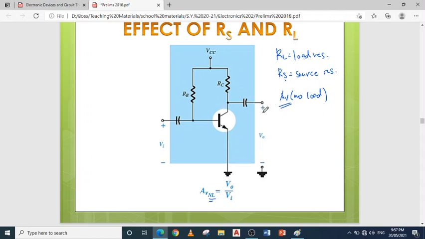We have the VO and we have the VI. And then at this part, doon natin kinukuha yung ZI. And from this side naman, doon natin kinukuha si ZO or the output impedance. Okay? So, in no load condition, ang kinukuha natin is the AVNL.